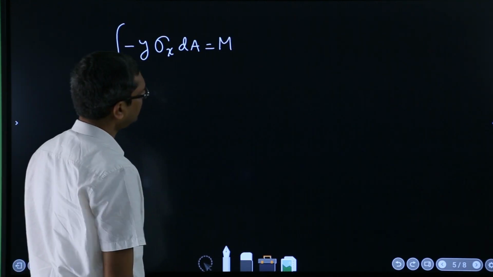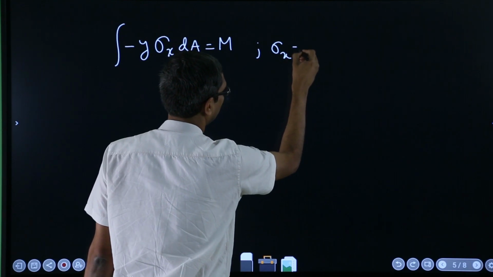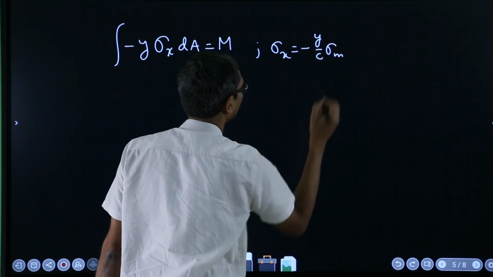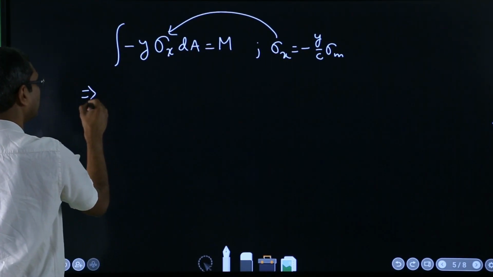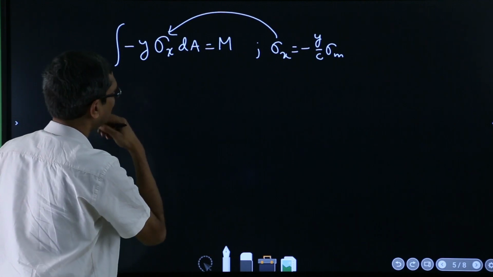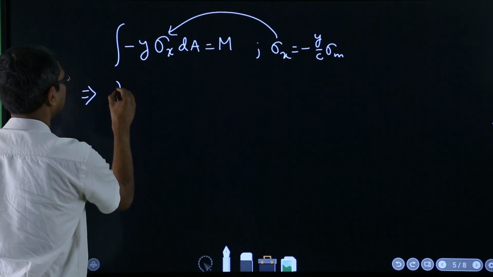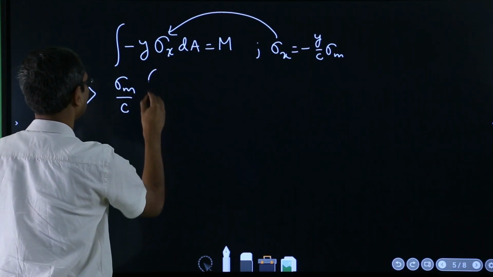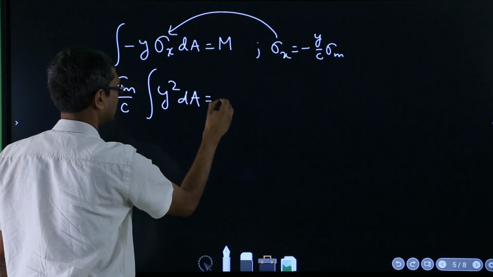Now again we have the same variation, sigma x is nothing but negative of y over c times sigma m. So just substitute it here to get the equation. This negative cancels out. I'll get sigma m over c, then integral of y squared dA is equal to m.